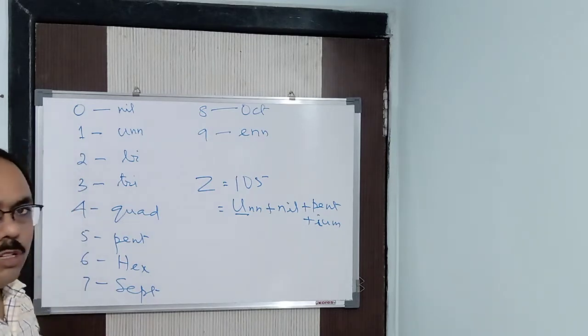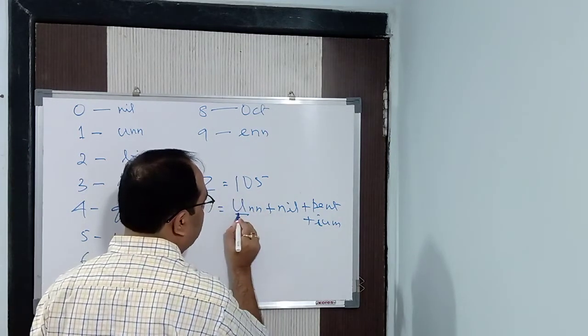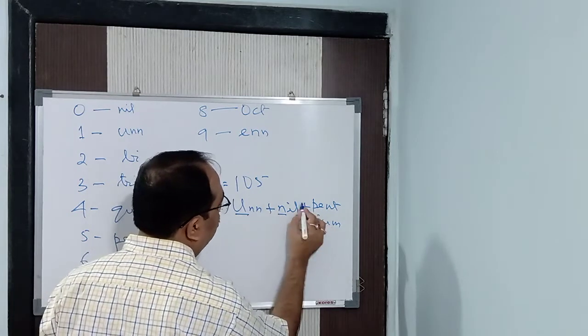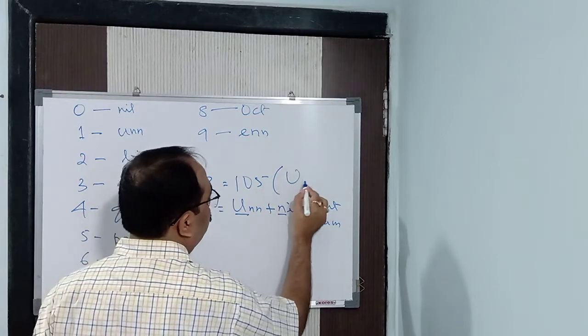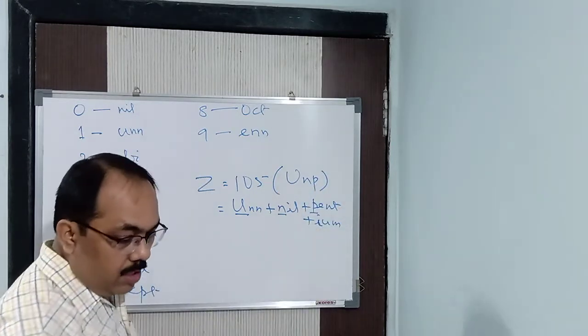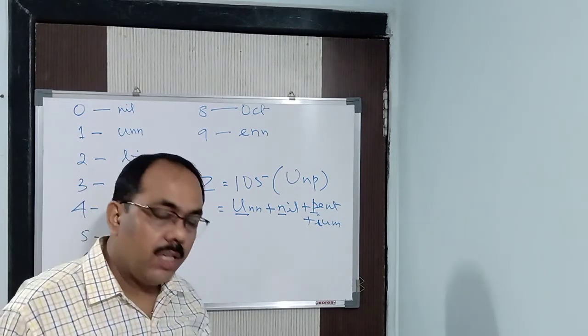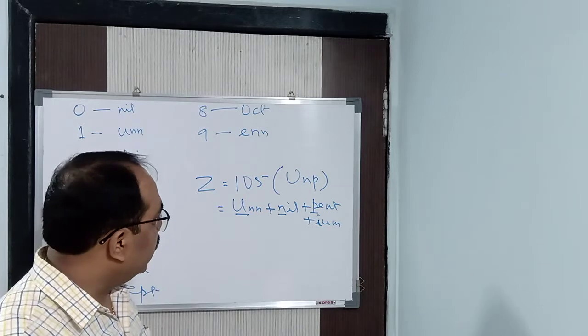And what I said, the first letter is taken: for 1 it is U, for 0 it is N, and for 5 it is P. So the symbol you got is U-N-P. In this way you got the symbol. This was the symbol.